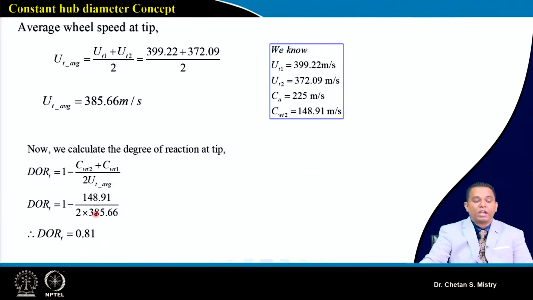If we put that number in, degree of reaction at the tip is coming 0.81. You can compare the numbers now. At hub the degree of reaction was coming 0.1, and at the tip it is coming to be 0.81.